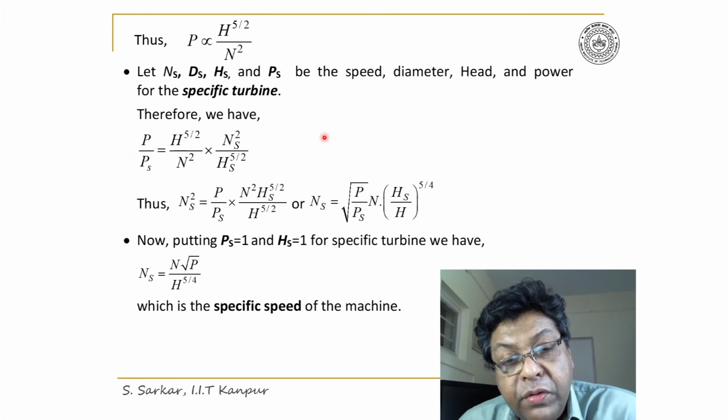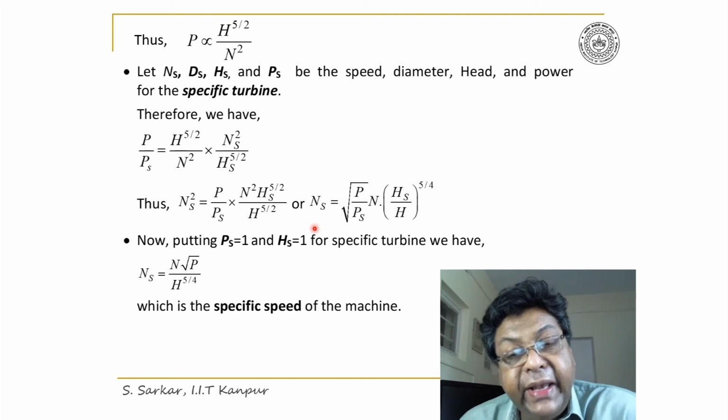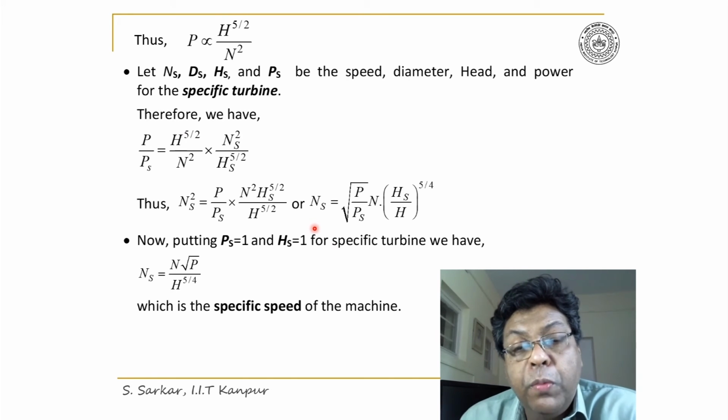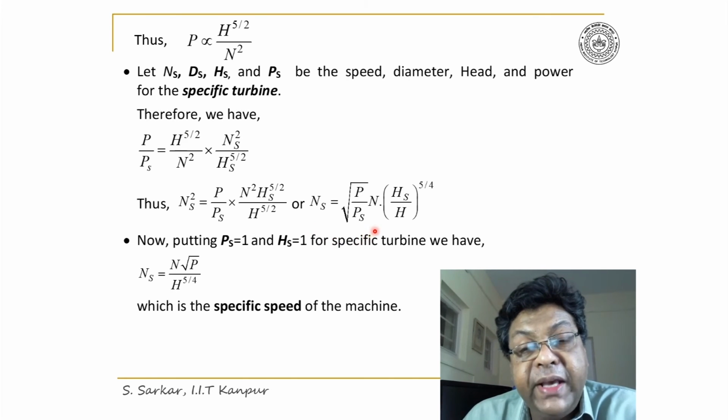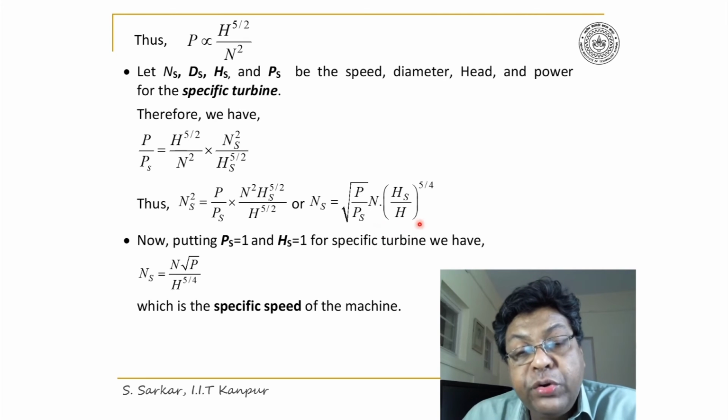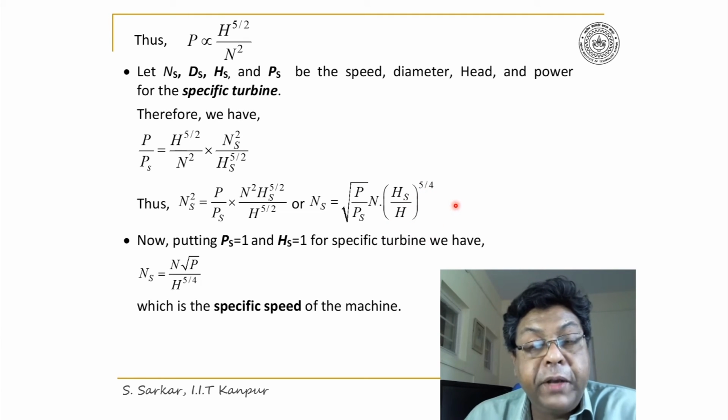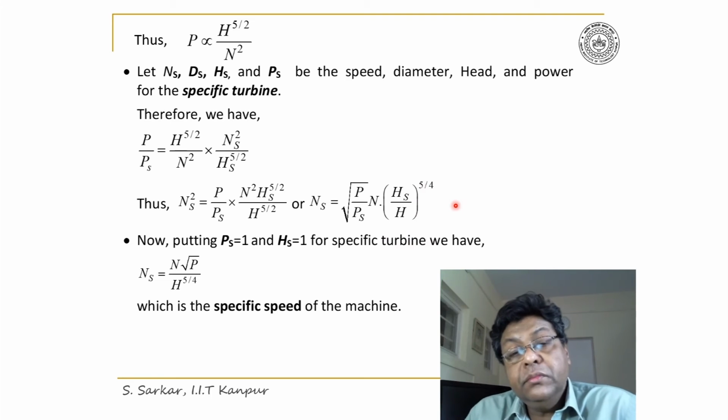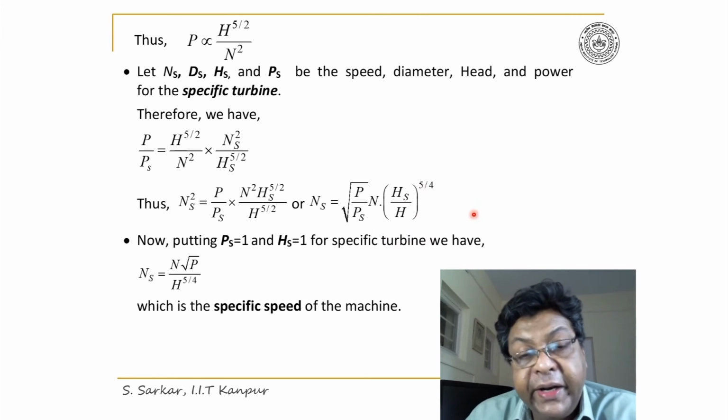And therefore, from here, we can get Ns is equal to N root over P by Ps into Hs by H to the power 5/4. So I get a relation for Ns.